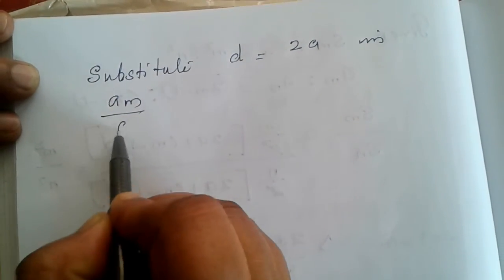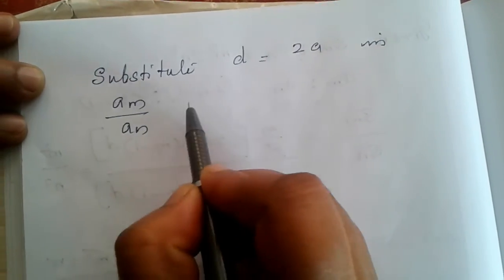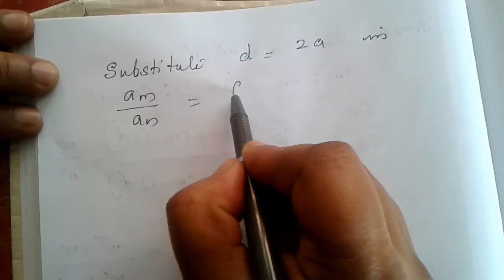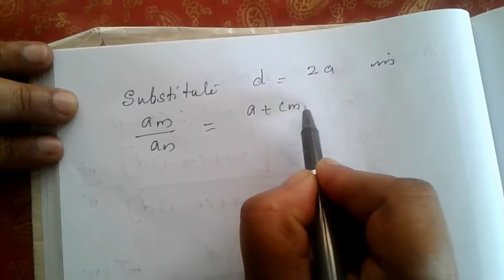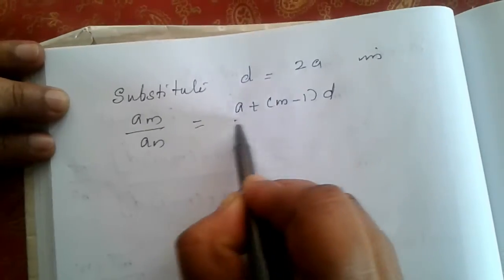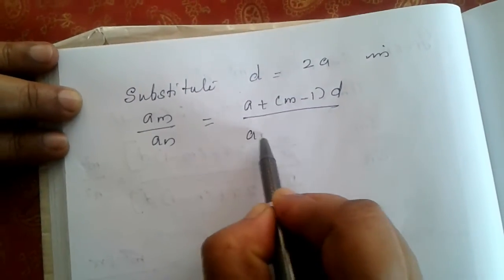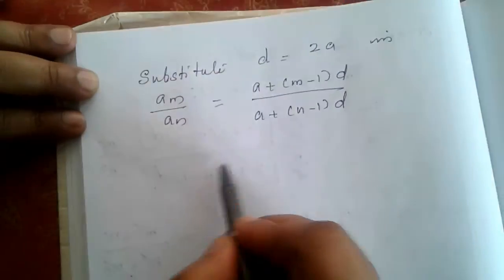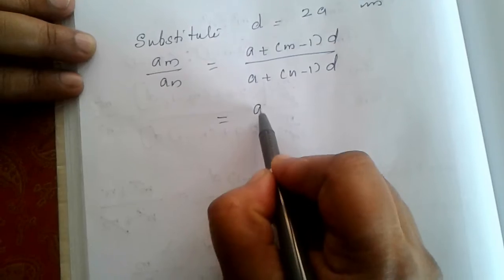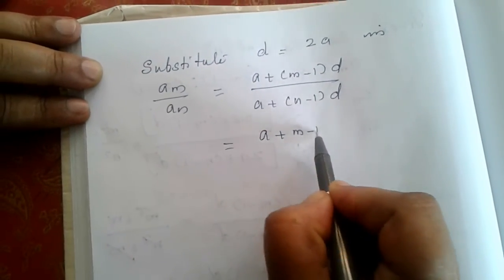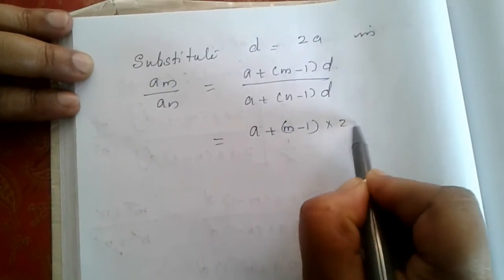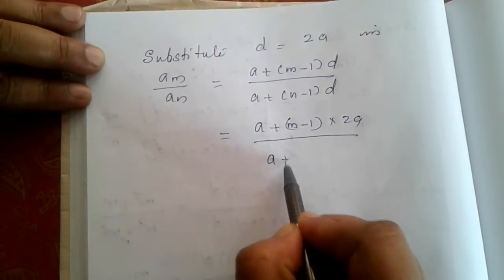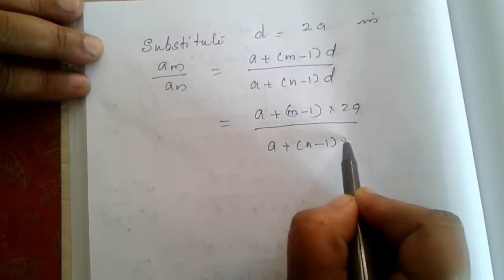am by an. We know am by an equal to a plus m minus 1 into d by a plus n minus 1 into d. We are substituting d equal to 2a, so we are getting a plus m minus 1 into 2a by a plus n minus 1 into 2a.